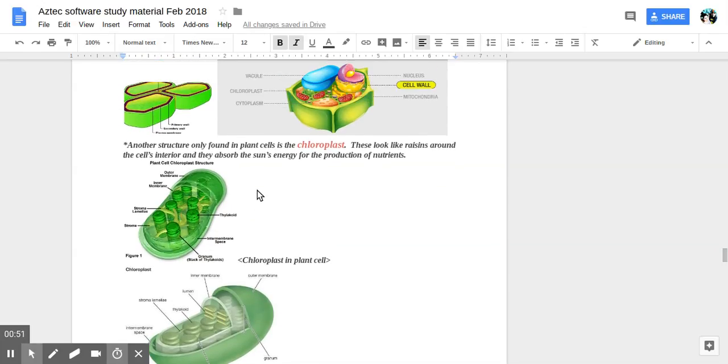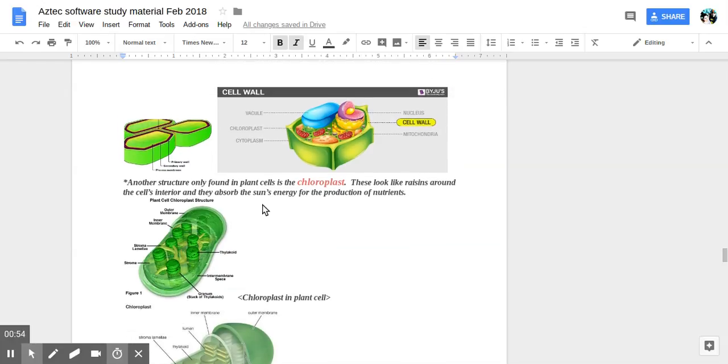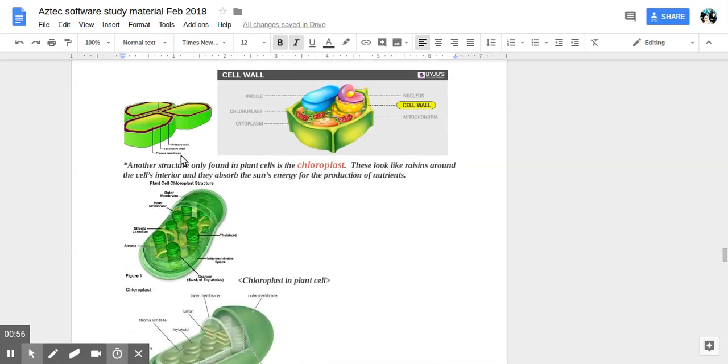So the first section we're doing here is plant cells, and we looked at the cell wall here.